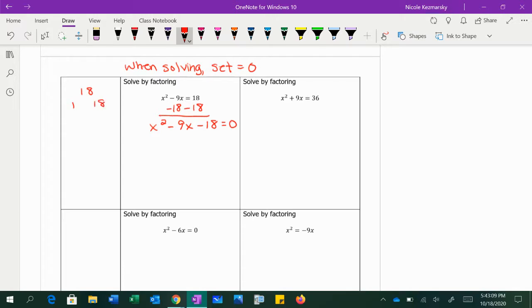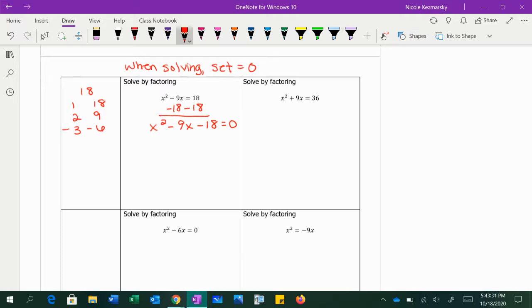1 and 18, 2 and 9, 3 and 6. And I need a -9. So I'm going to try and choose 3 and 6. To do 3 and 6, I'm going to do minus and minus. That gets me my -9.